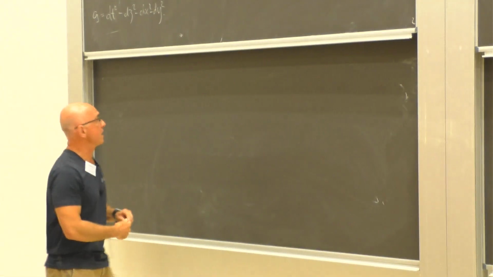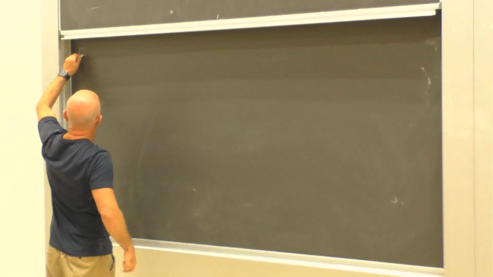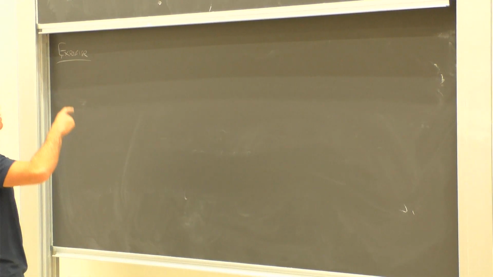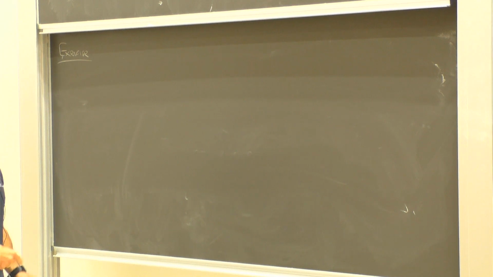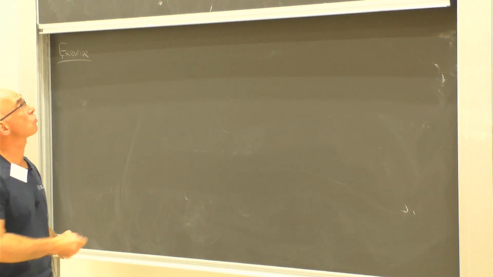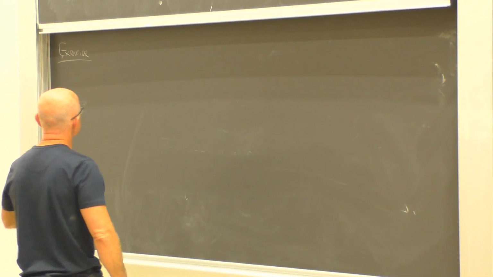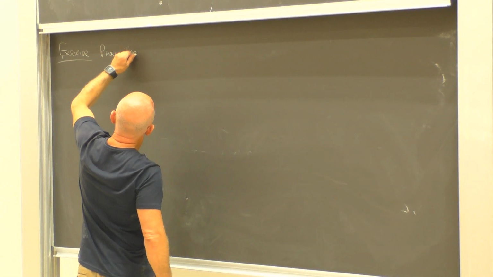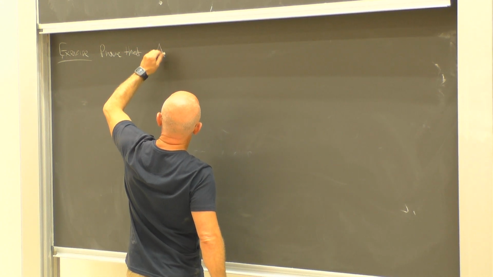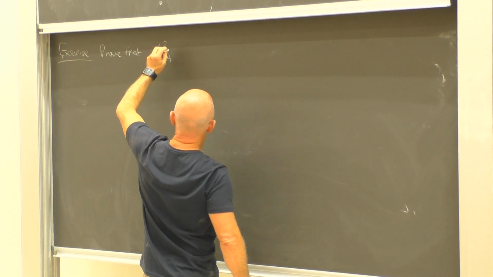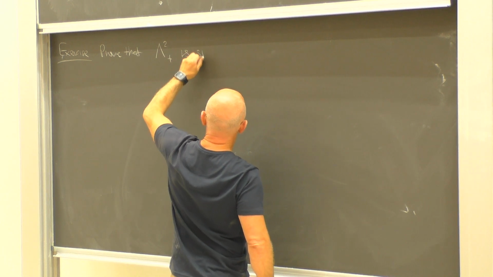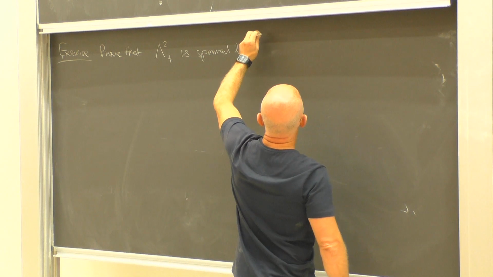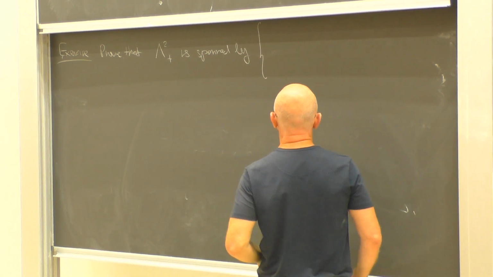So what would be another exercise? I'll ask you to establish what would be the span of, say, self-dual two forms using these coordinates I've introduced. Prove that the space lambda 2 plus is spanned by the following three two forms.